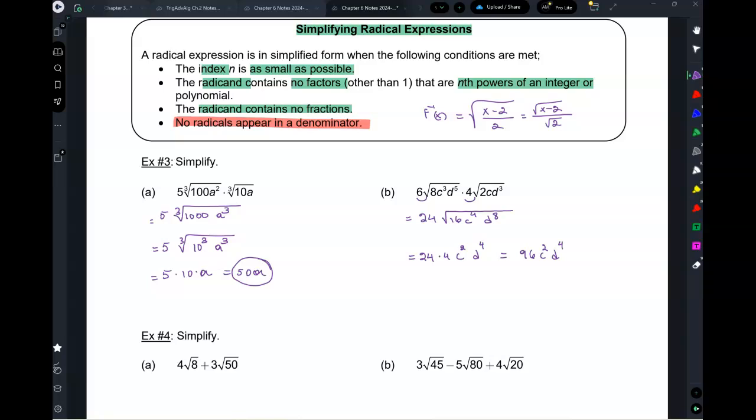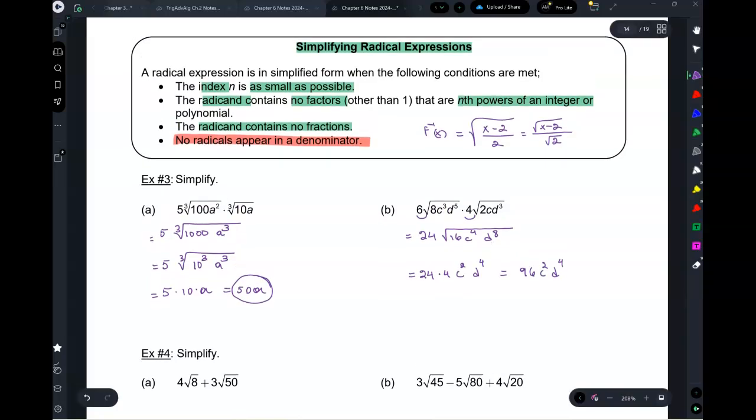Write this down because you need to be able to do this. So how would I rationalize this? Multiply by root 2 over root 2. So finally, that will be the square root of 2 times x minus 2, all over 2. So that's how we need to leave our answers now.